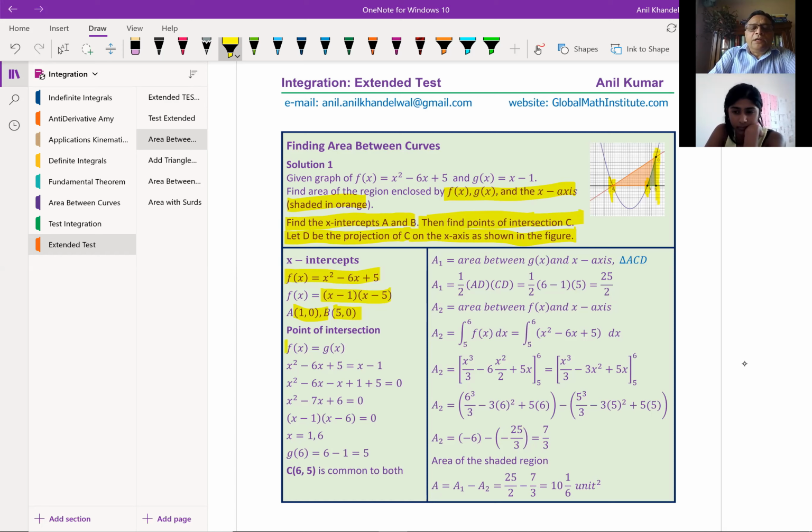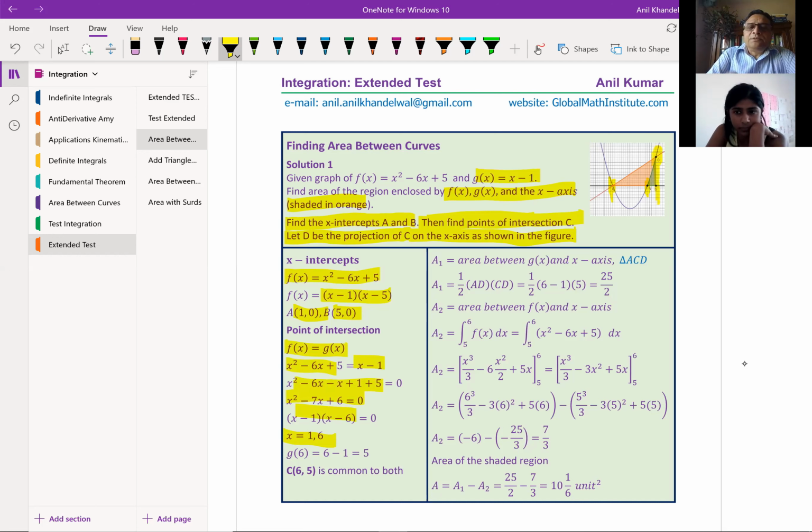Now let's find the point of intersection between the straight line and the parabola. Equating f of x equals g of x, bring the terms on one side, factor, and solve. So you get two values, x equals 1 and x equals 6. So we are interested in x equals 6, which is on the right hand side, shown here. So at 6, you can find the y value using the line.